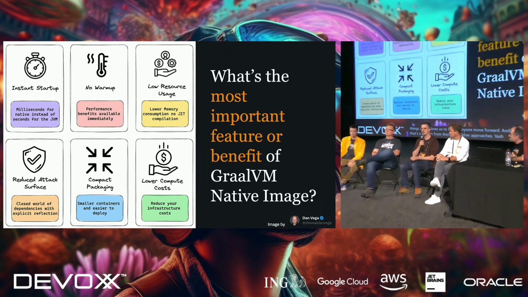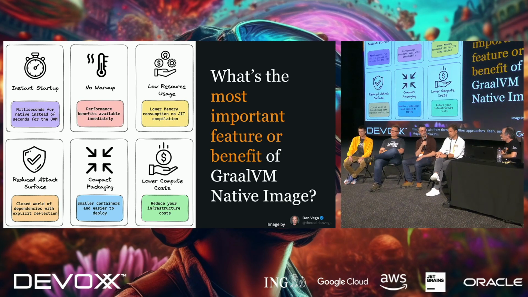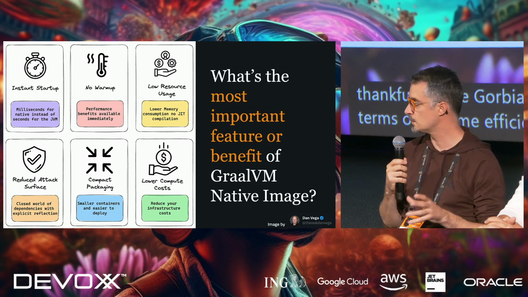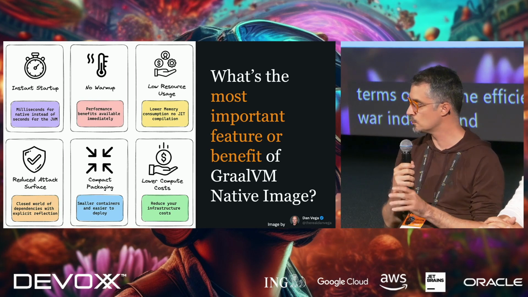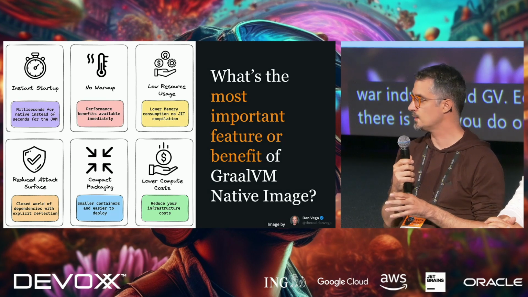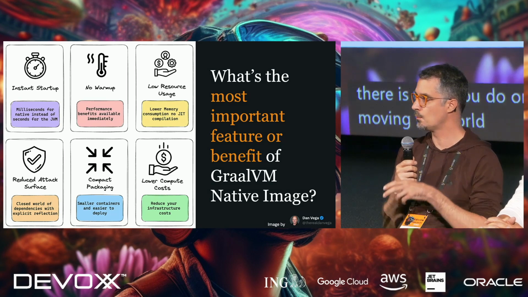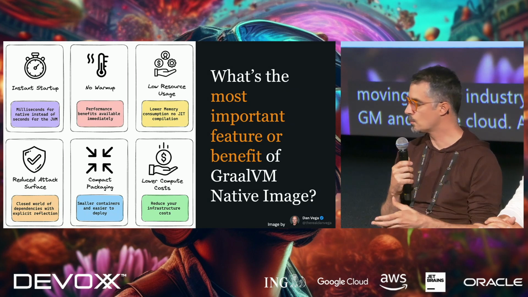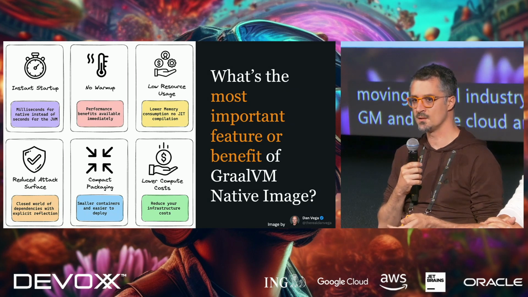And more globally, I'm really thankful for the GraalVM project for pushing the boundaries in terms of runtime efficiency. Your impact on the whole industry and JVM ecosystem has been totally huge. There is what you do on GraalVM Native Image, but there is also the fact that you are moving the whole industry toward more runtime efficiency for the JVM and in the cloud, Kubernetes, serverless workloads, etc. And I think this is something that is underappreciated.